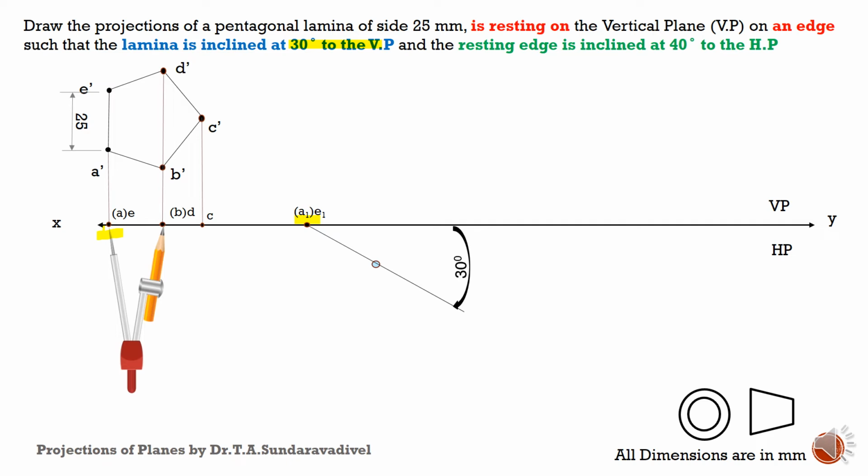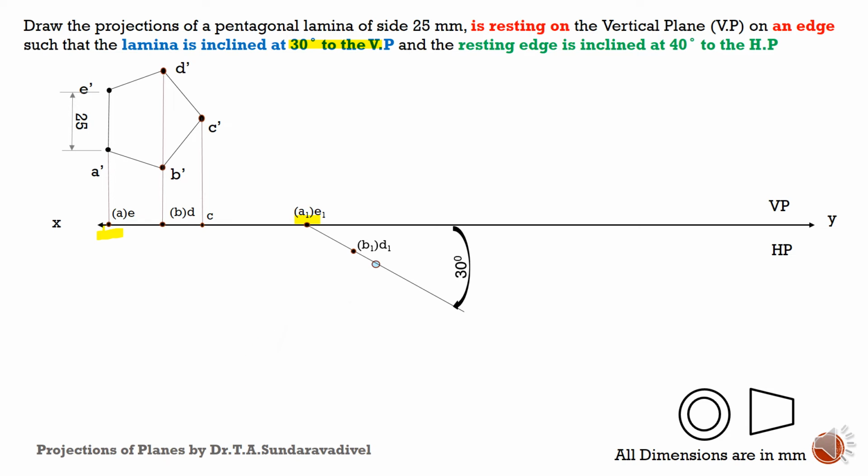Then I am transferring all the distances of those points to this line. First I am taking the AB distance and transferring it, so I will be getting A1, B1. B1 within brackets, and D1 I will be getting.